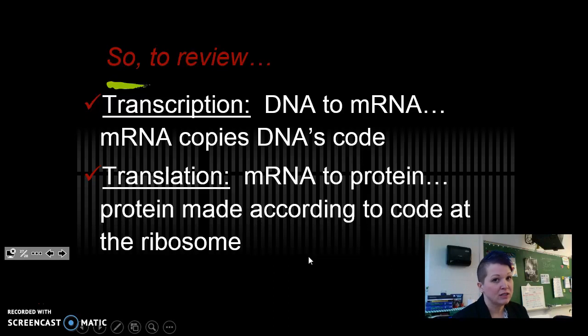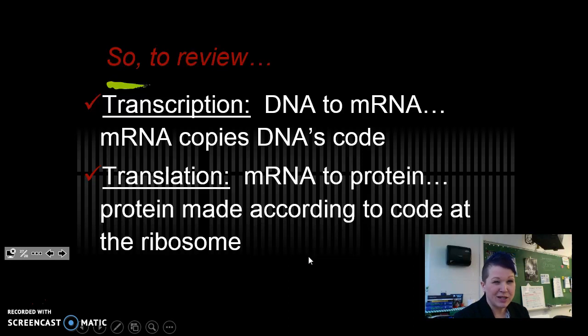a process called transcription. mRNA is similar to DNA, the double helix, but it is made of ribose instead of deoxyribose. It's single-stranded, and the nucleotide base thymine is replaced with uracil. mRNA then leaves the nucleus, travels into the cytoplasm to begin translating the mRNA sequence into the protein.